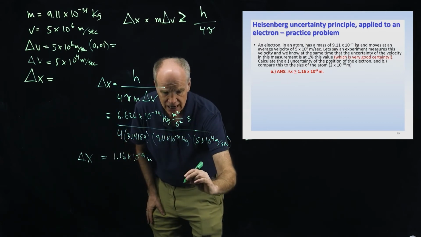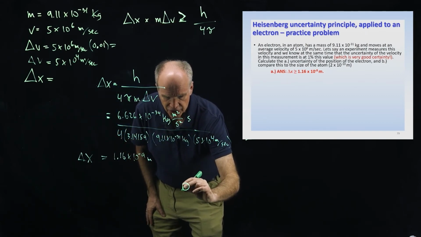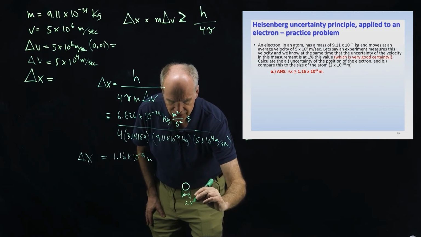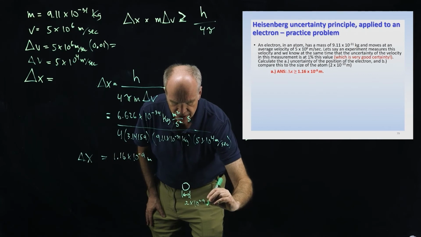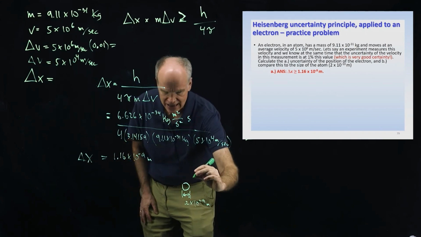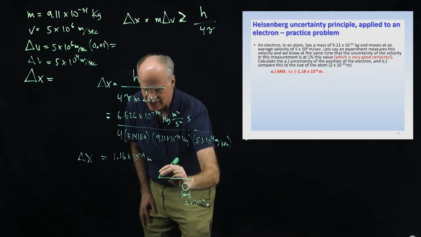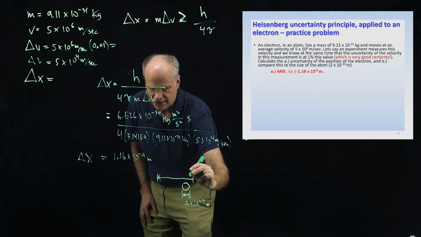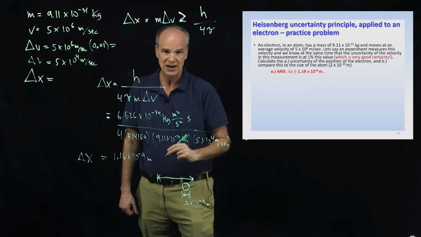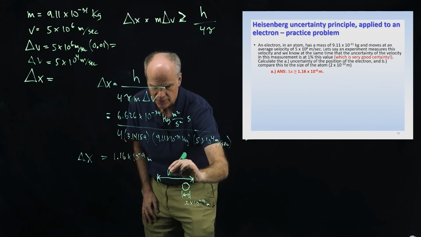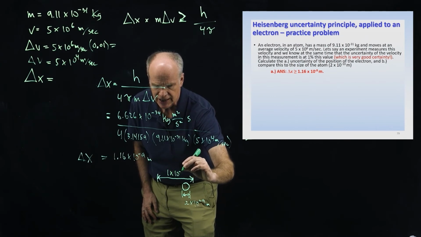So the width of the atom is 0.2 times 10 to the negative 9 meters, yet the range of positions where the electron can be at the same time is 5 times the width of the atom, approximately 1 times 10 to the negative 9 meters.